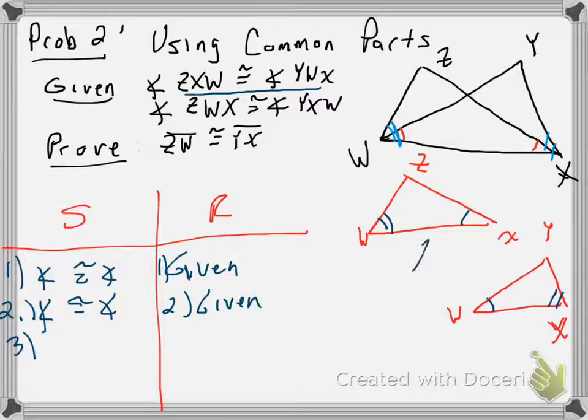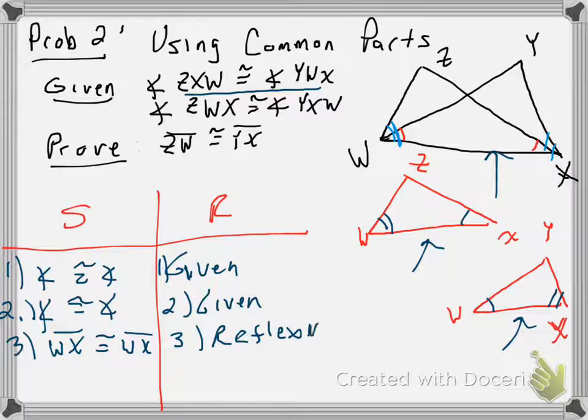If we have WX here, notice how it's the side there, and WX is also the side. If we look at our big picture, you can see WX is congruent to WX. And of course, that would be reflexive. You guys are getting real good at recognizing that. So that's reflexive. Now we have our three parts, angle, side, angle.